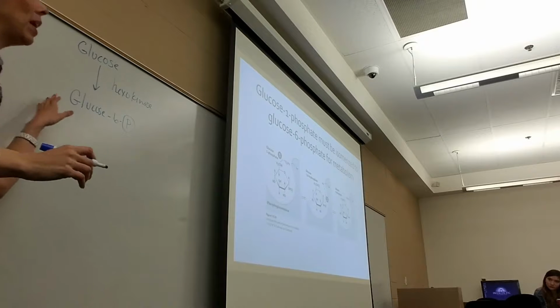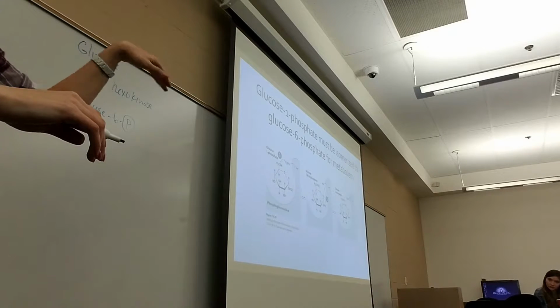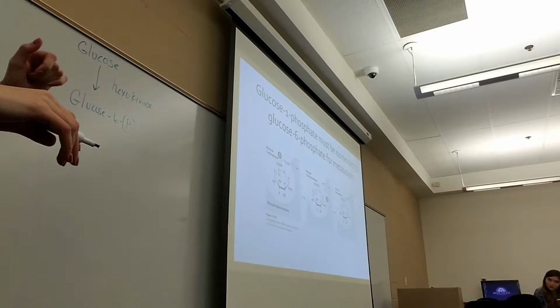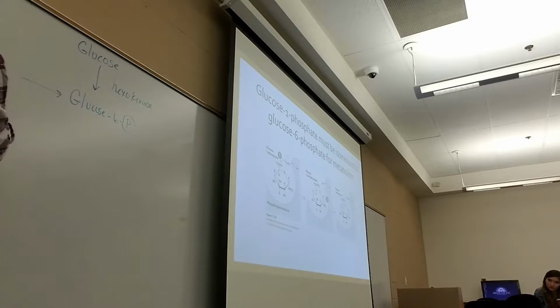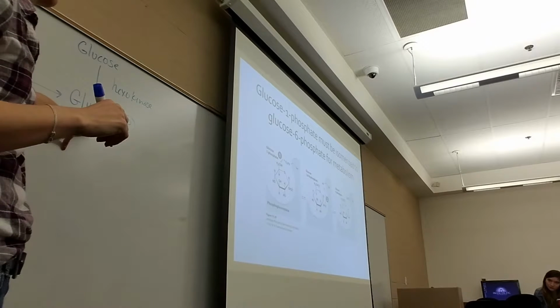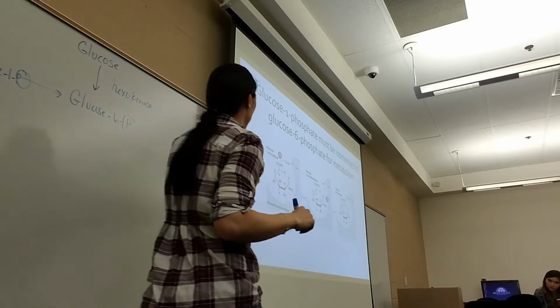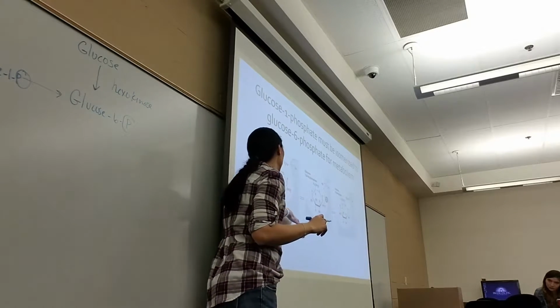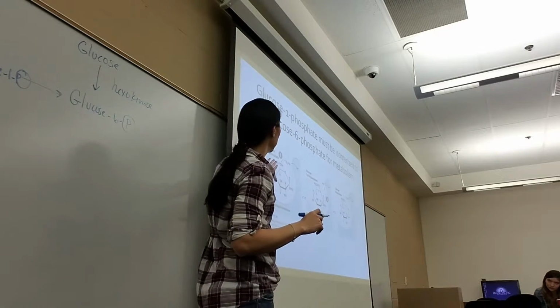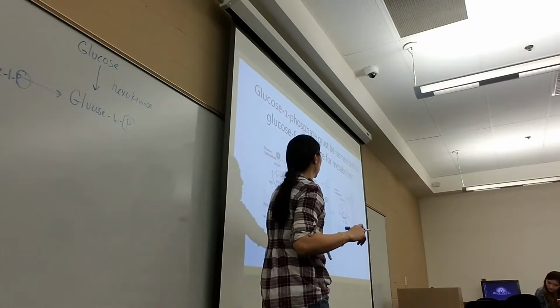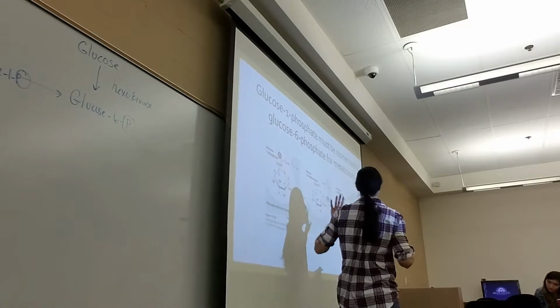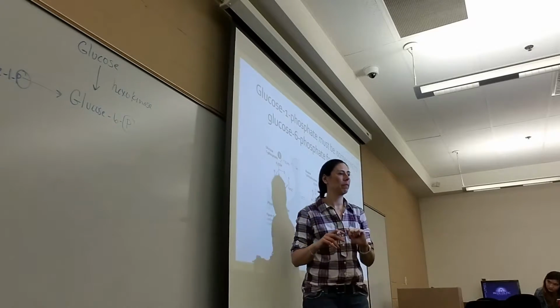But when we're entering from glycogen, in reality, the first step into utilization for glucose is catalyzed by phosphoglucomutase. So the enzyme responsible for changing it from glucose 1-phosphate to glucose 6-phosphate.